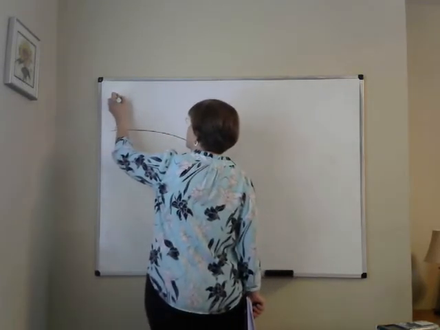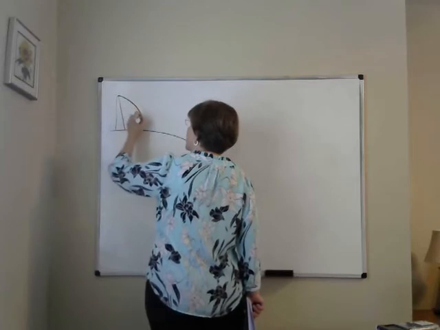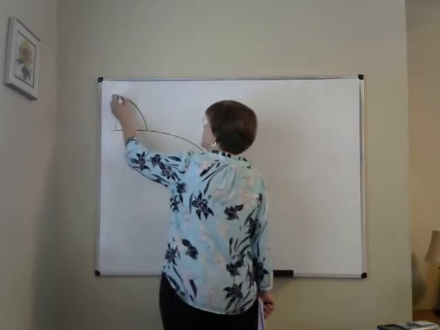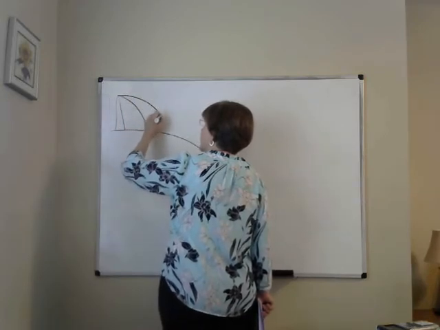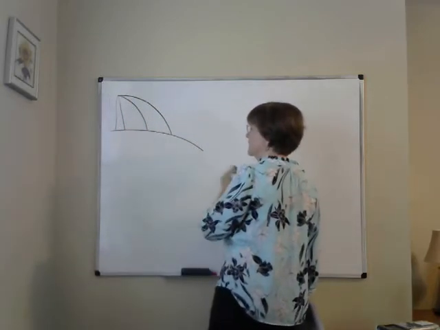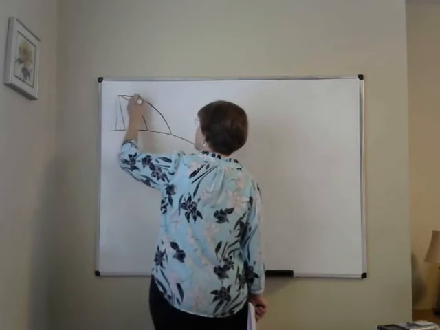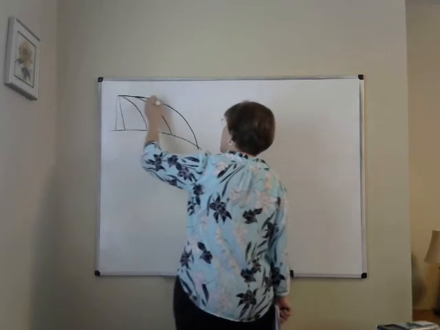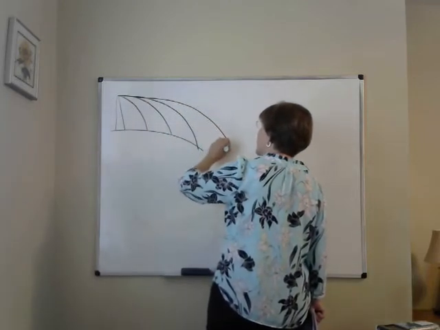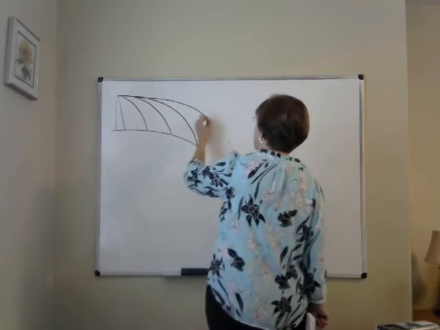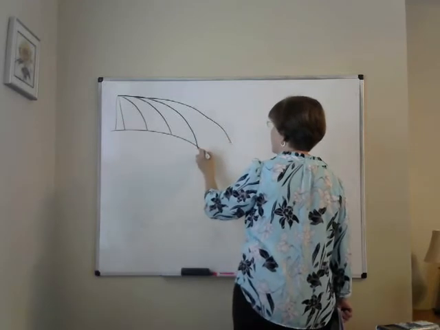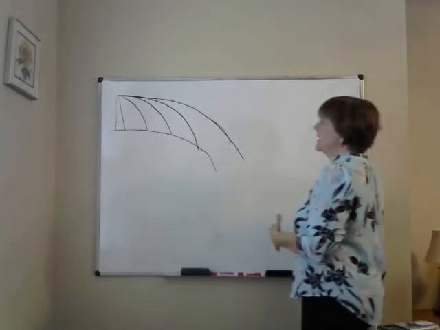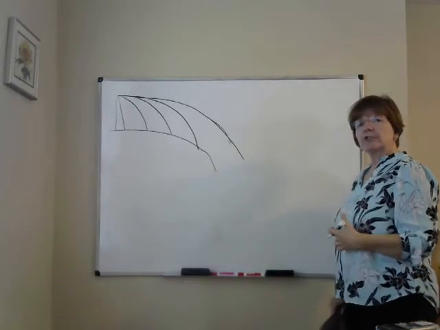If I shoot it horizontally, its path looks something like this. That's a horizontal projectile. If I shoot it a little bit faster, its path looks something like this. If I shoot it even faster, its path looks something like this. But if I shoot it faster still, its path looks like it never gets any closer to the Earth. The Earth continues to curve, it continues to curve, but it never gets any closer.